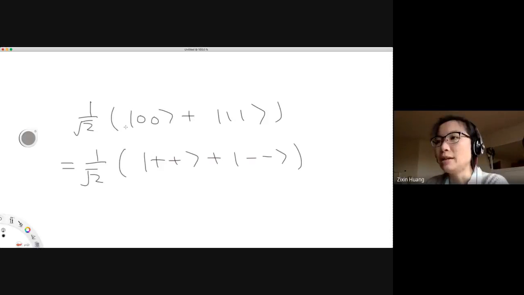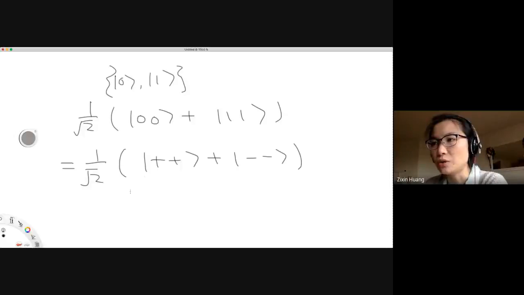Now, Alice can measure the state all she wants, but she does not control onto which state that is going to collapse. She can measure in the 0, 1 basis, but whether her state collapses onto the 0 or the 1 is out of her hands.